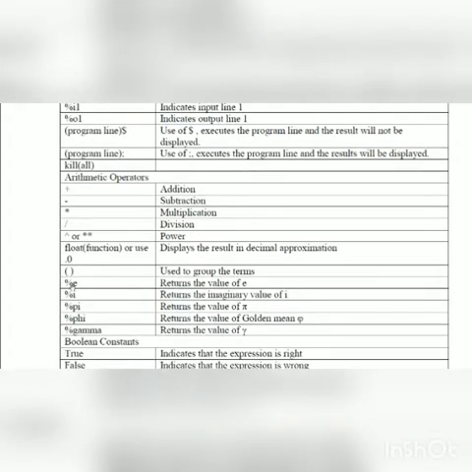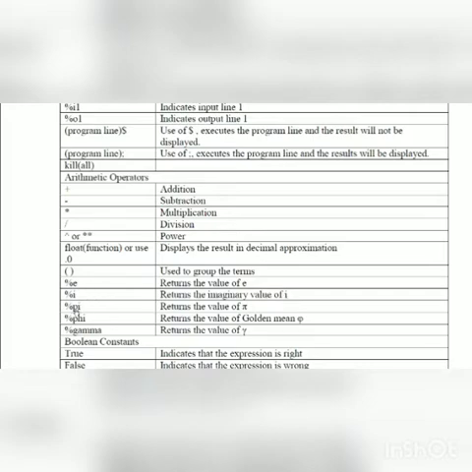Then what is this percentage E? See, there are certain predefined numbers, built-in numbers or built-in functions. If you want to call their values, then you have to use the symbol percentage. For example, if you want the value of E, that is 2.7 something, you have to give percentage E. Percentage E will give you the value of E. Similarly, percentage I gives you the value of the imaginary number i, that is square root of -1.